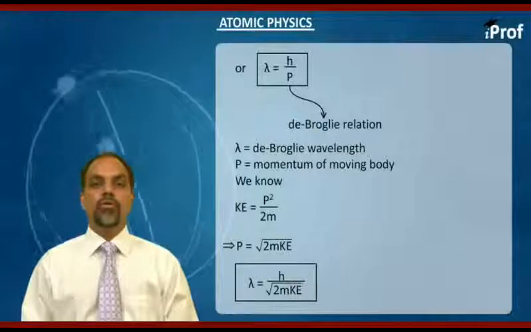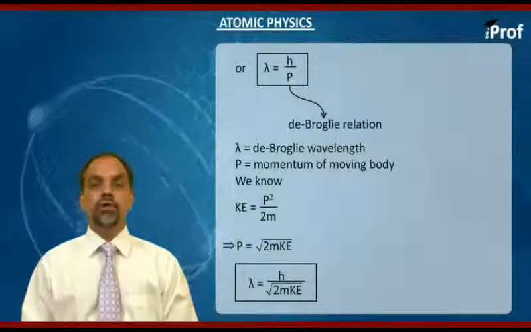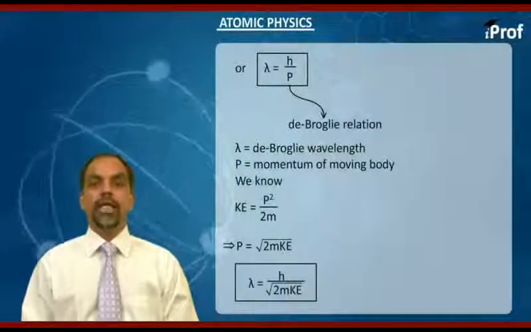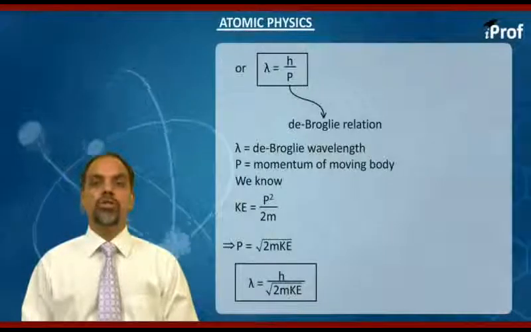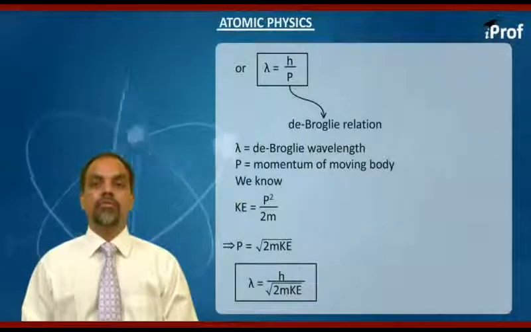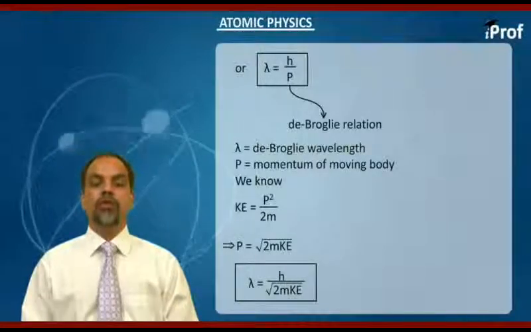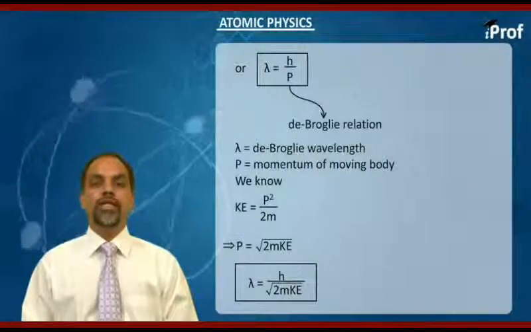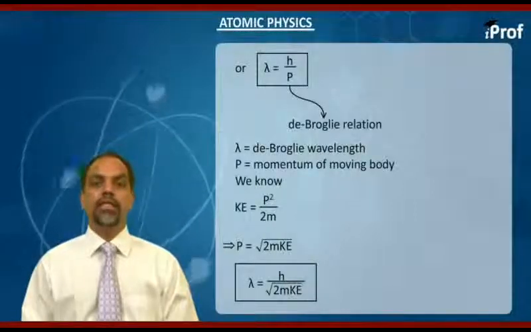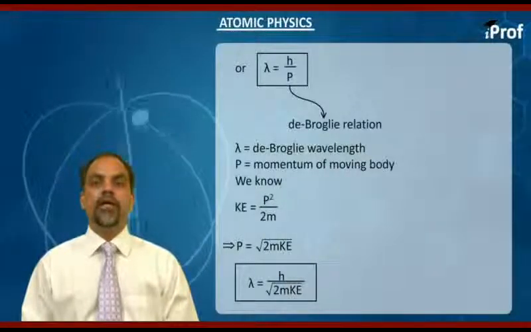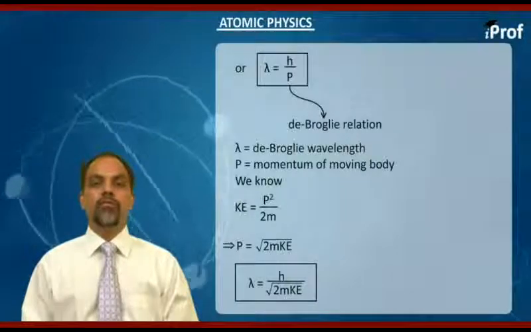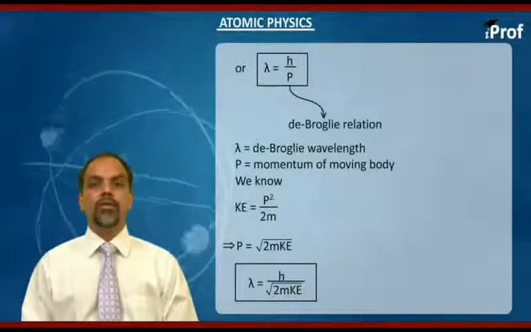Now the so-called de Broglie relation is derived by making use of classical results from electromagnetic wave theory. Now in electromagnetic wave theory, we write the expression for energy as E is equal to hf, and the momentum of an electromagnetic wave is equal to the energy of the wave divided by the speed of light.